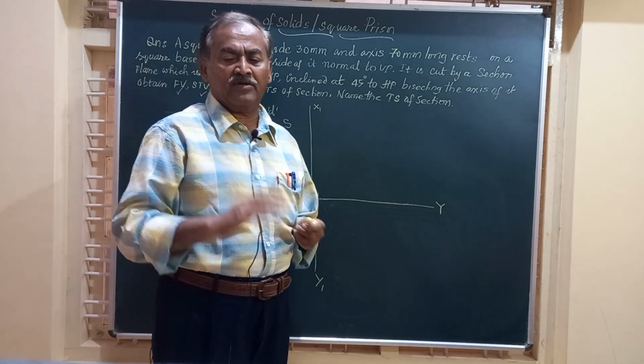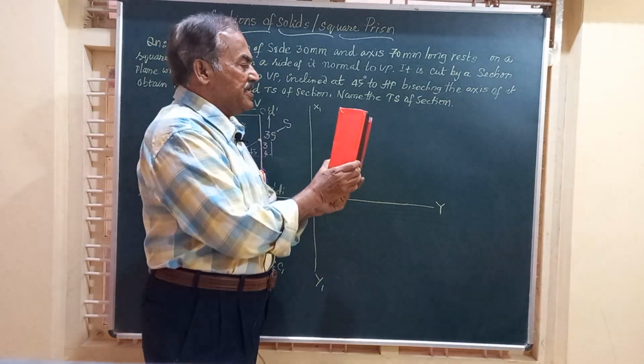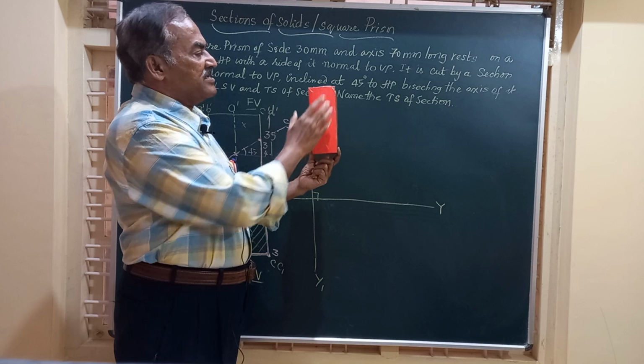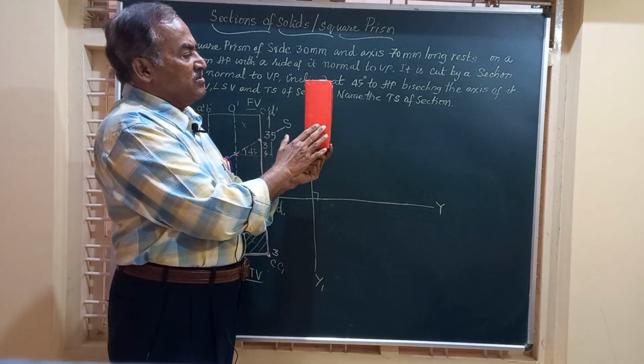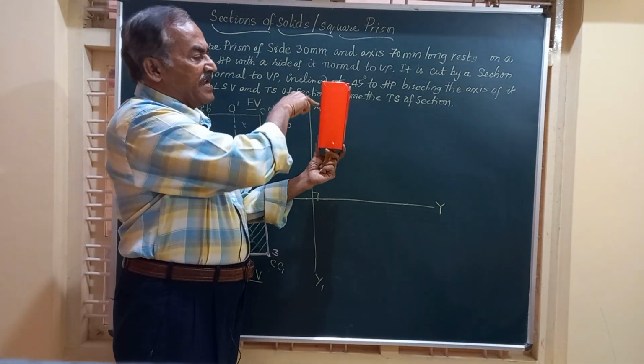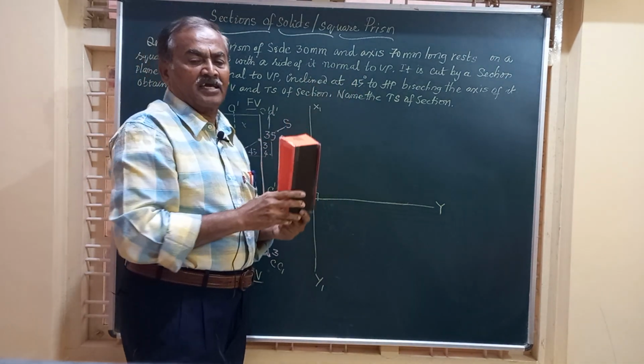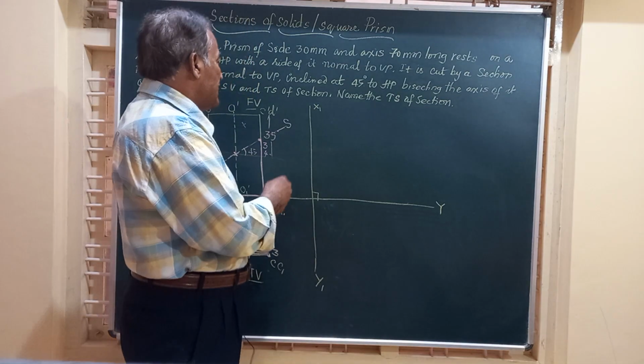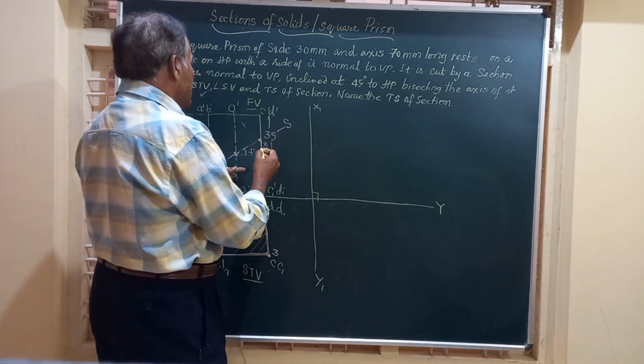Friends, very obviously, when you have an object, a square prism like this, when you look from the front, you see a rectangle, and when you look from the end, you see this rectangle. So it is seen as a rectangle in both the front and end view.